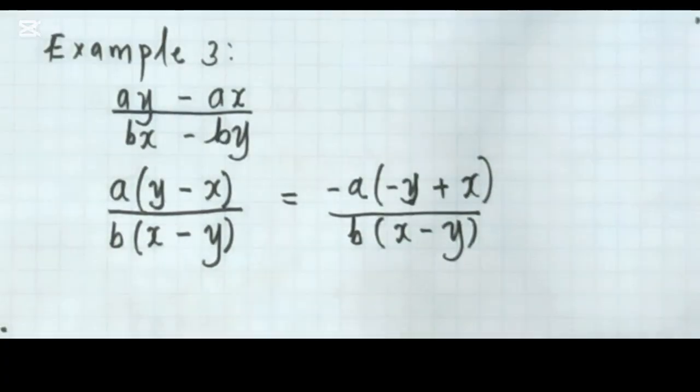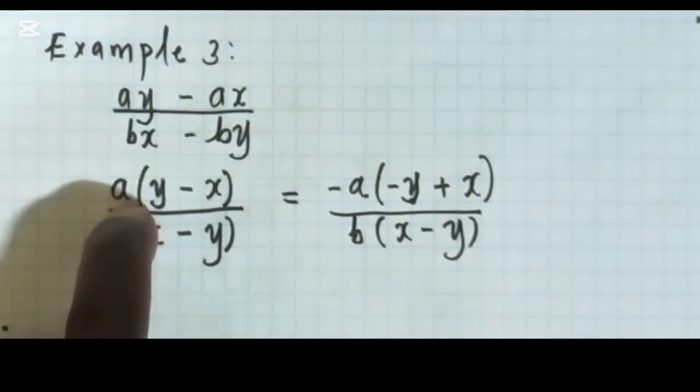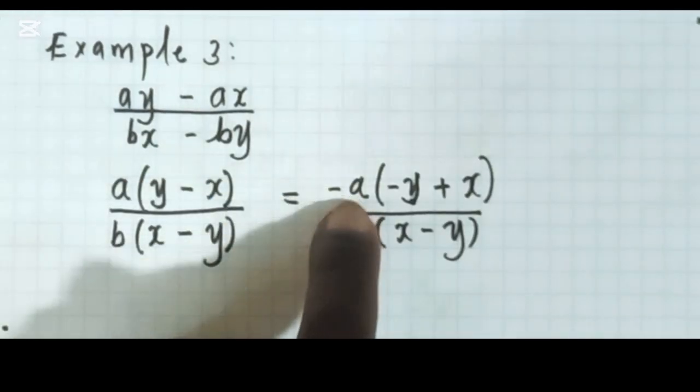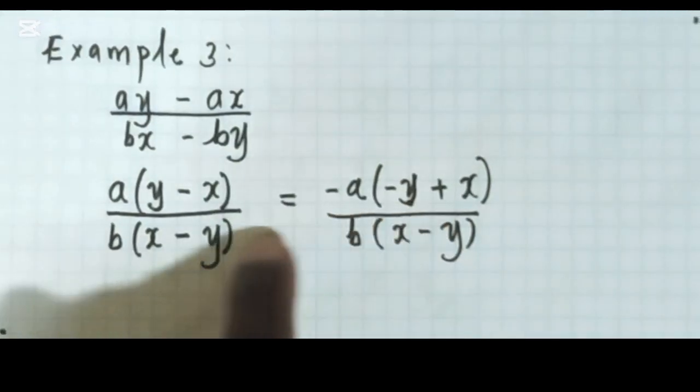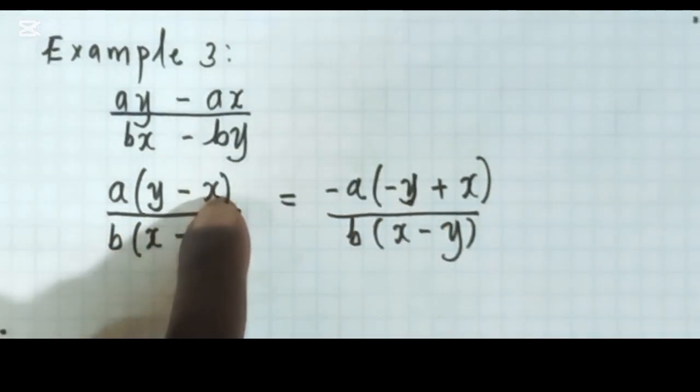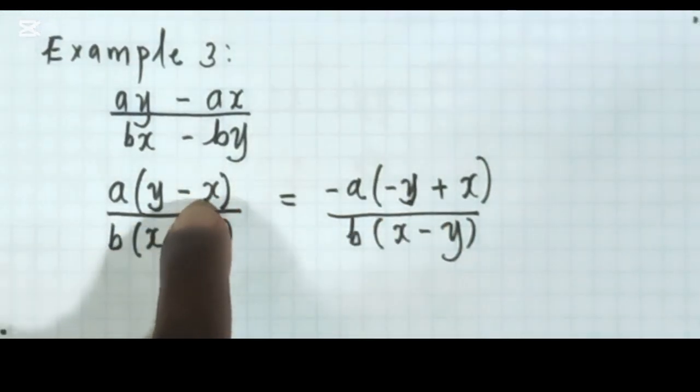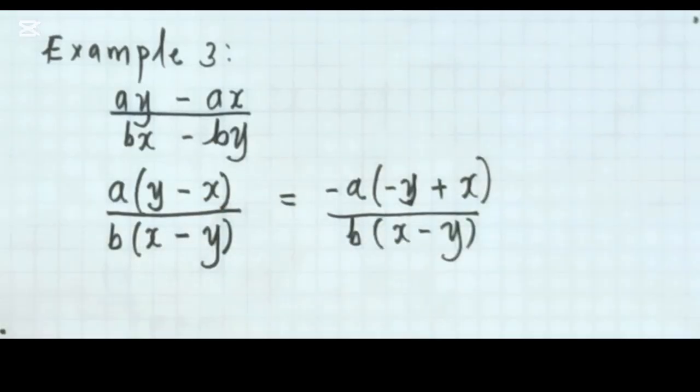So I've multiplied every term by -1. I've multiplied a by -1 to get -a. I've multiplied y by -1 to get -y. I've multiplied -x by -1 to get +x. I haven't really changed the value of anything. It's just the same, because every term has been multiplied by -1.